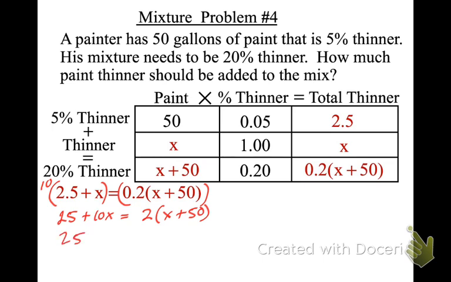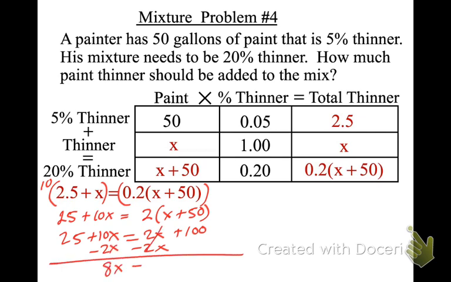Okay, 25 plus 10x equals 2x plus 100. Subtract 2x, subtract 2x. I end up with an 8x. Here I'm going to subtract 25, subtract 25. I end up with a 75. So 8x equals 75.